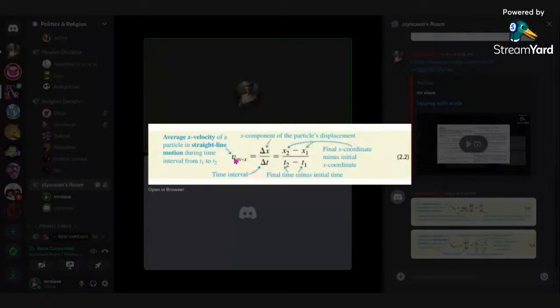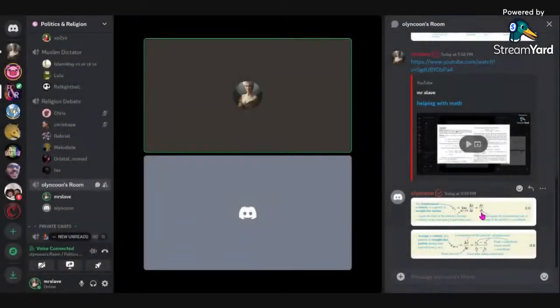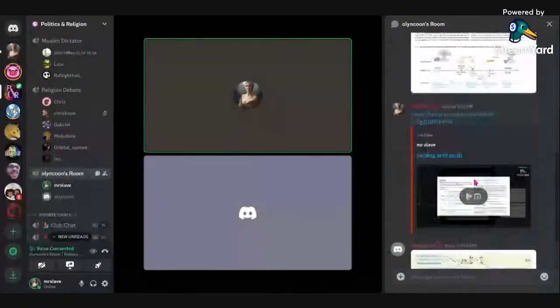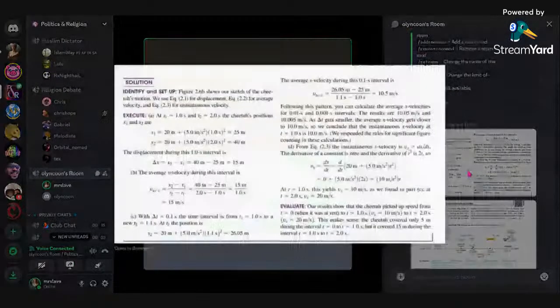It's just average velocity. We usually put a line or a hat over V to denote average. So we just need 2.1. 2.1 is just delta x equals x2 minus x1. Now I know what they're referring to.